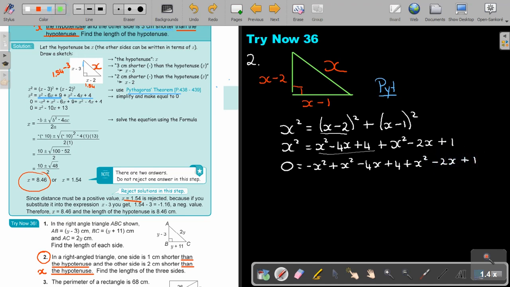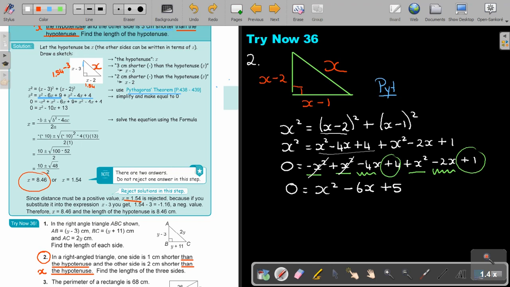Then I go for my like terms. So if I simplify it, 0 equals, do you see that the x squared terms cancel, but there's still 1. So negative 4, negative 2, that will be negative 6x. And 4 plus 1, that will be 5.